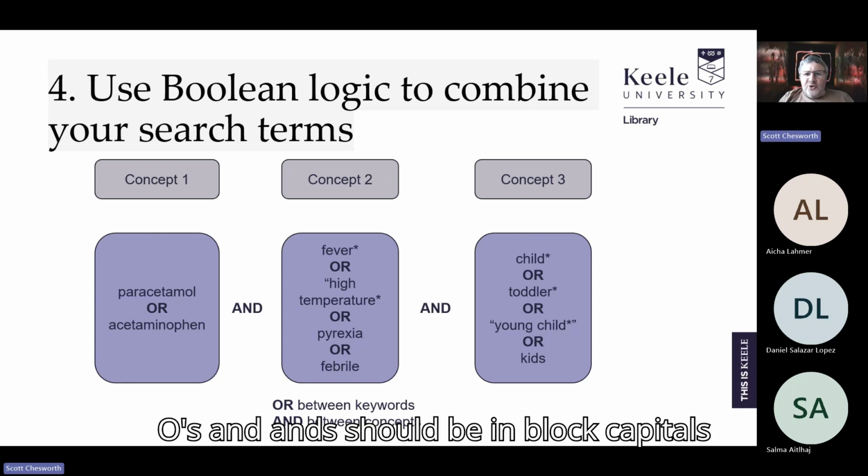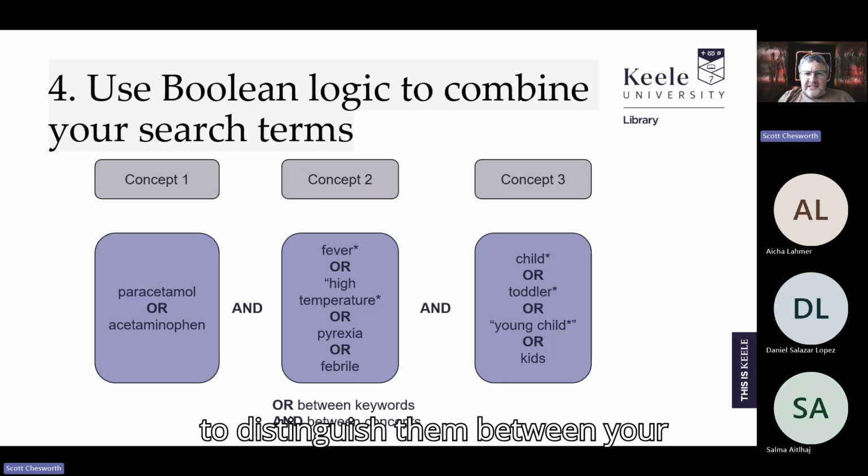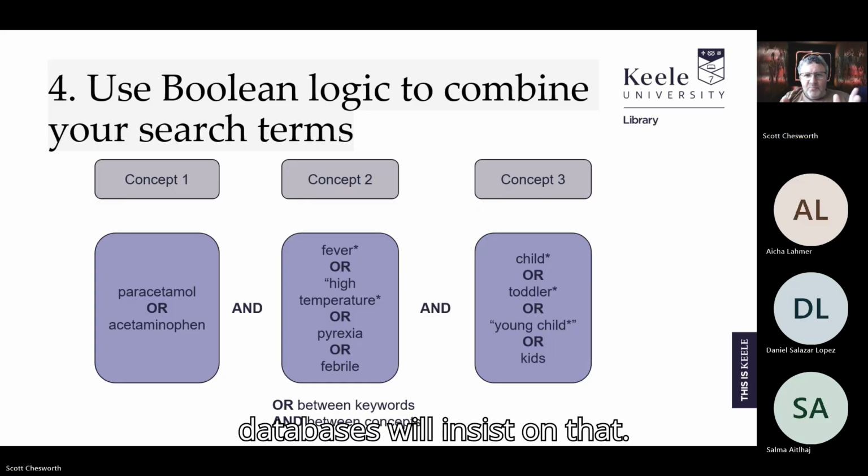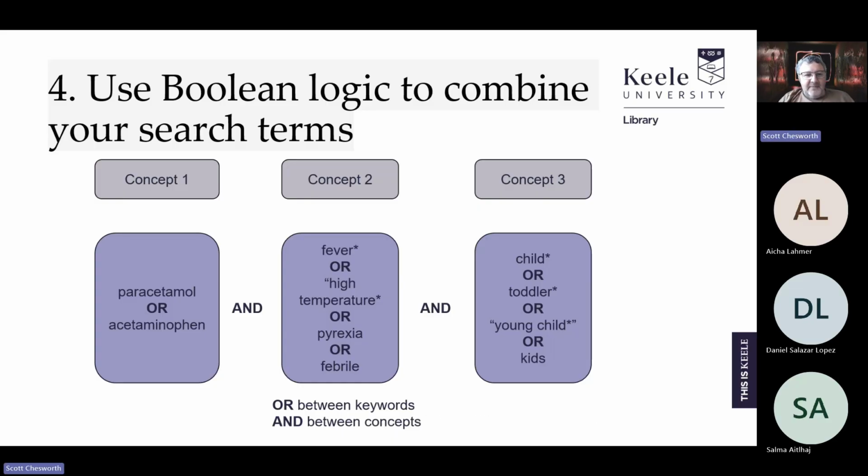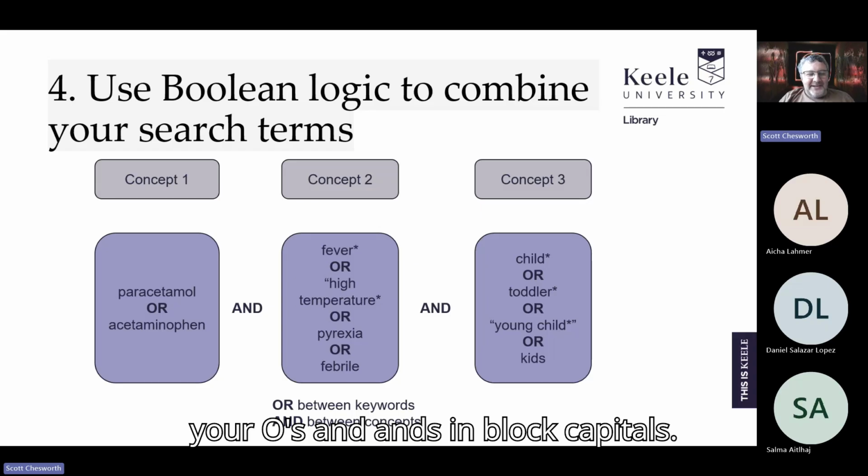ORs and ANDs should be in block capitals to distinguish them from your keywords. Some databases will insist on that. Just get into the habit of putting your ORs and ANDs in block capitals.